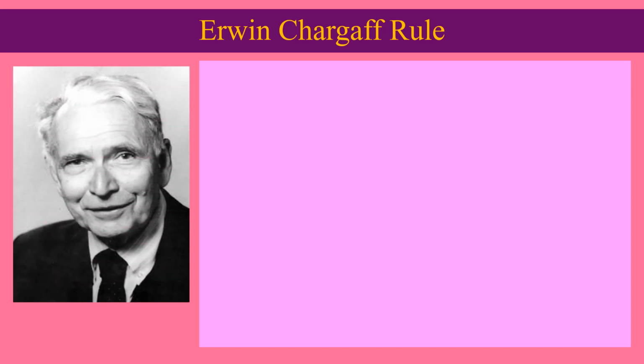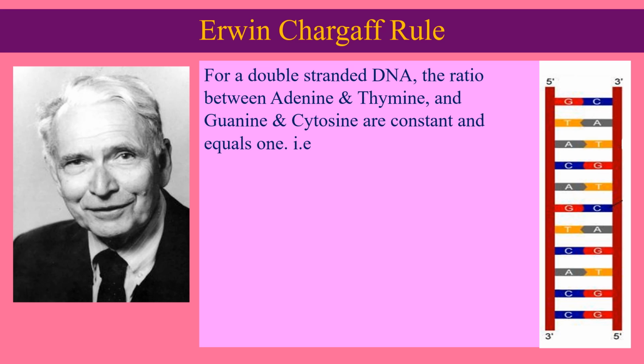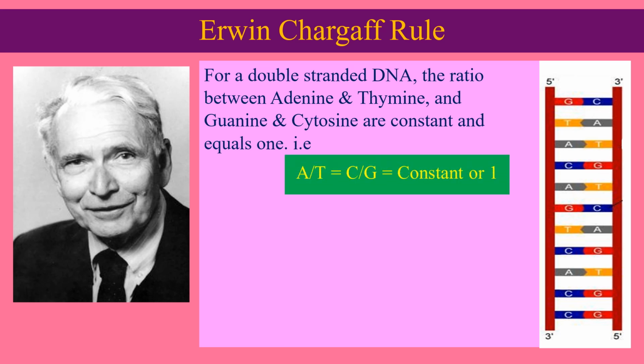Irwin Chargaff rule. There was a scientist, Irwin Chargaff, who for the first time studied the amount of purines and pyrimidines of a double helix DNA. According to the Chargaff rule, for a double stranded DNA, the ratio between adenine and thymine, and guanine and cytosine, are constant and equal to 1.